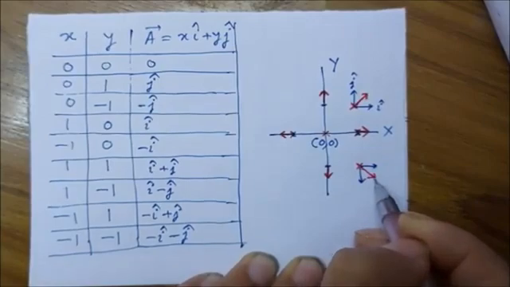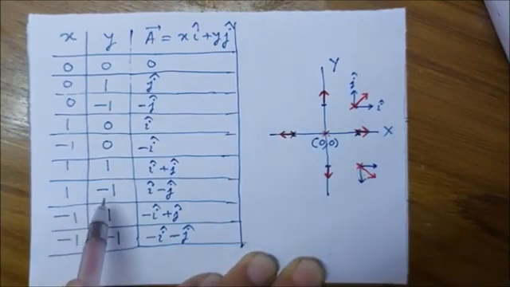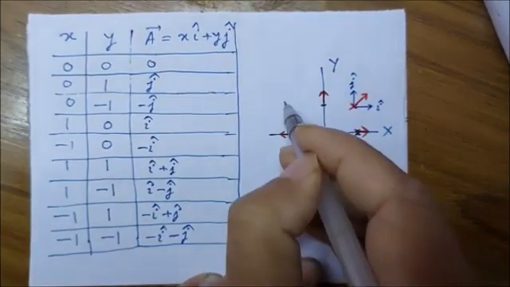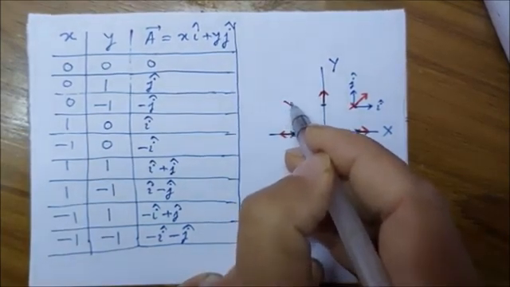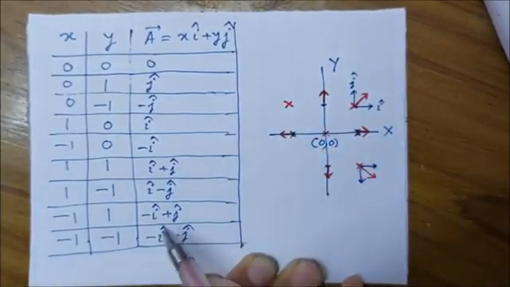So this is the direction of vector A at this point, which is (1, -1). At (-1, 1), we are here, where vector A is minus i cap plus j cap.